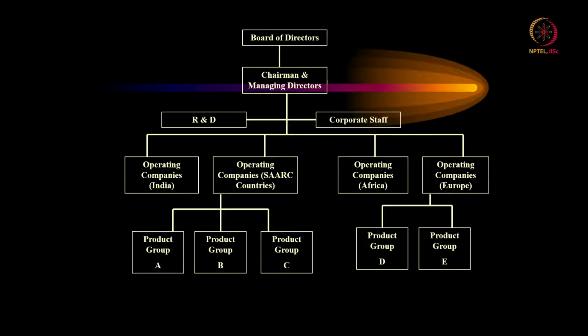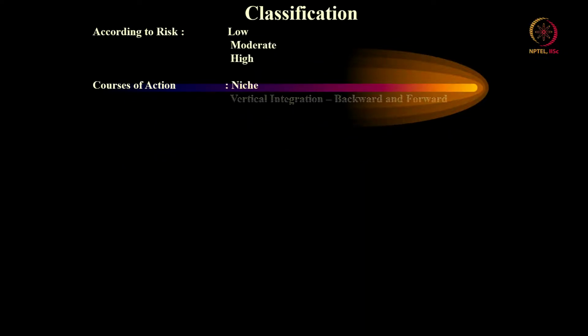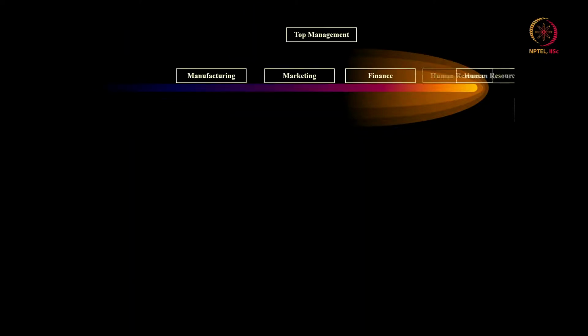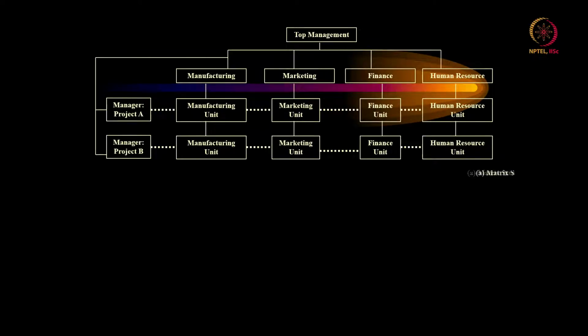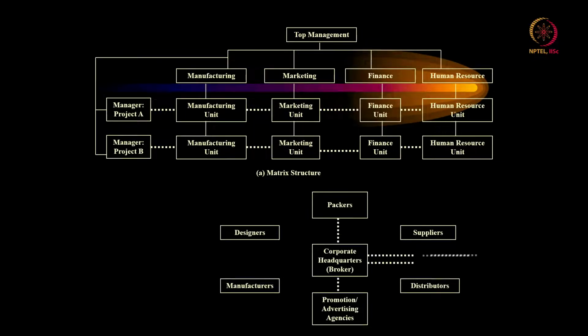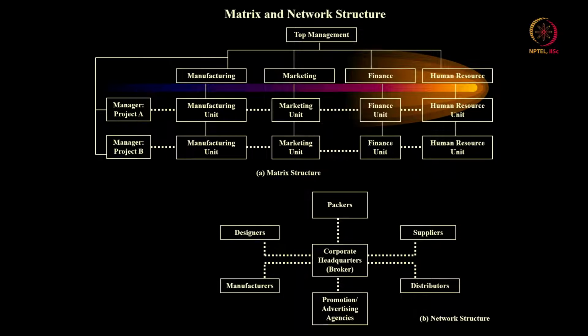Now, if you look at this network structure, this one is the matrix structure which you are having. This is given on page number 156 of the book also, and I am only reproducing it here in this slide.